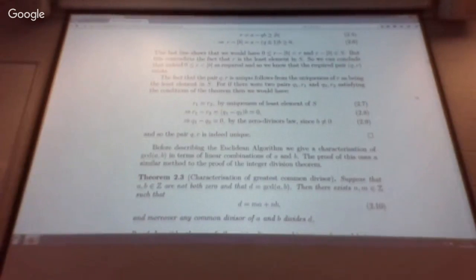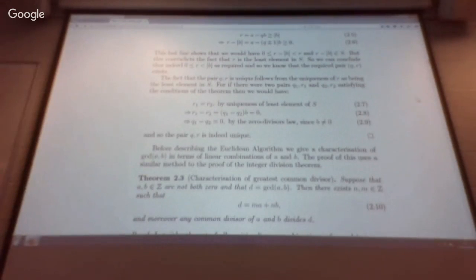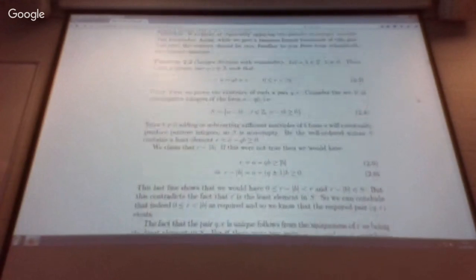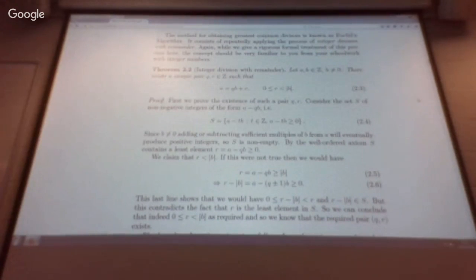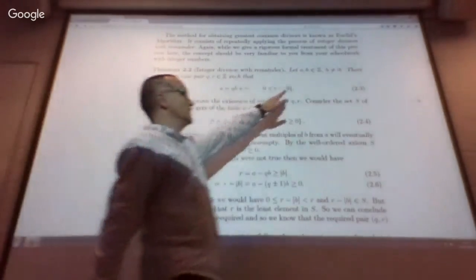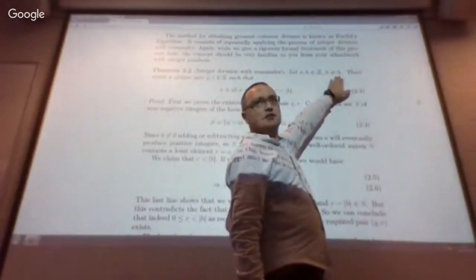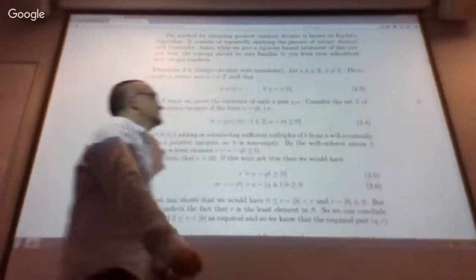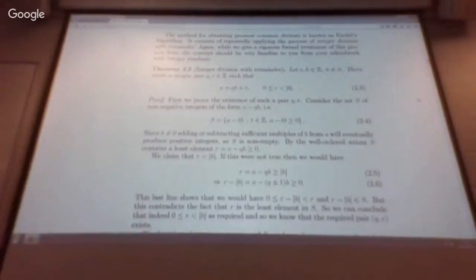So how can you have a product of integers equal to 0? You can only have a product of integers equal to 0 if at least one of them is 0. But all the way at the top, it only makes sense to do this integer division process with a non-zero number that you're dividing into the other one. So b has to be non-zero.